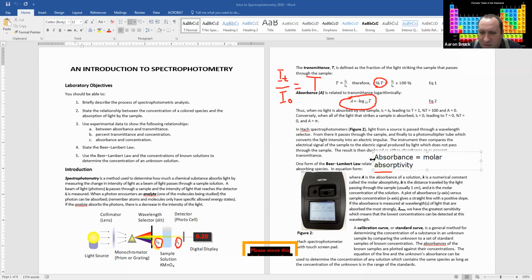And that is something that varies from substance to substance, multiplied by B, which is the path length, the distance that the light travels in the sample, and that's usually 1 centimeter, and C, the concentration.